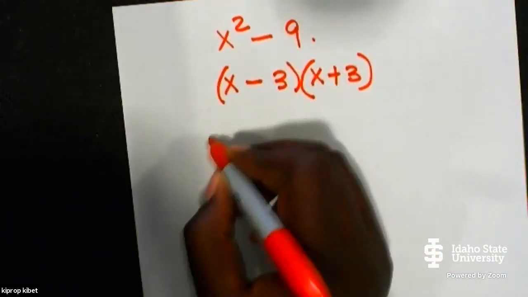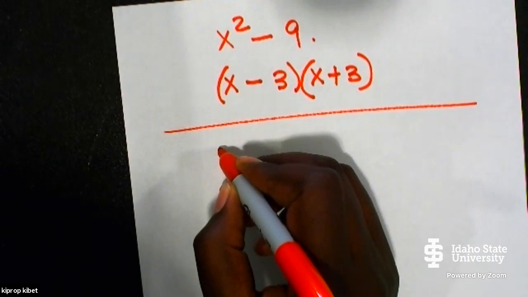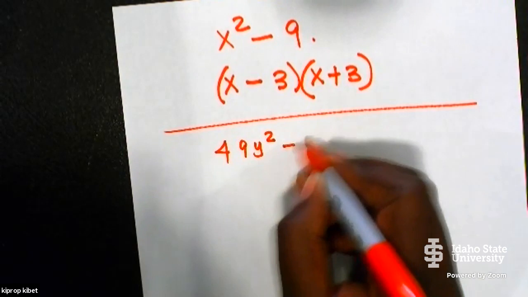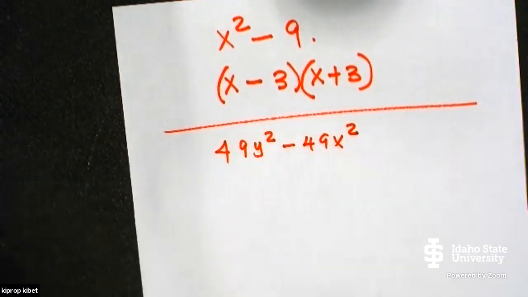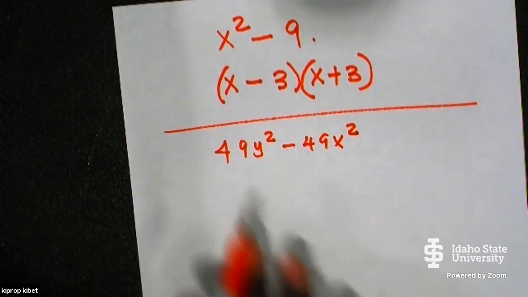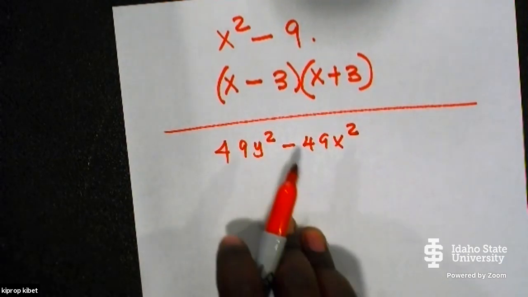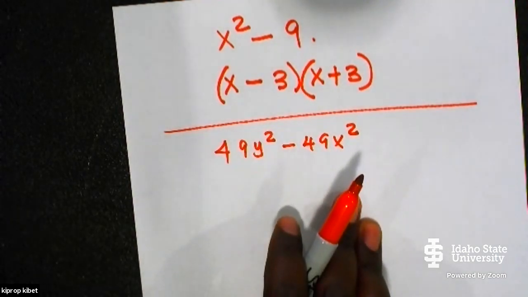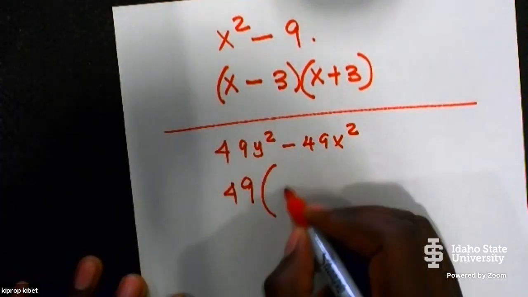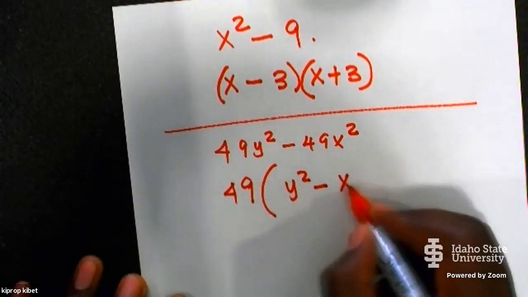Now, again, if you have an example like the one I put in your notes, 49y squared minus 49x squared. Is this a difference of squares? What you do here is factor out the greatest common factor, which is 49. When you factor out 49, what you remain with is y squared minus x squared.